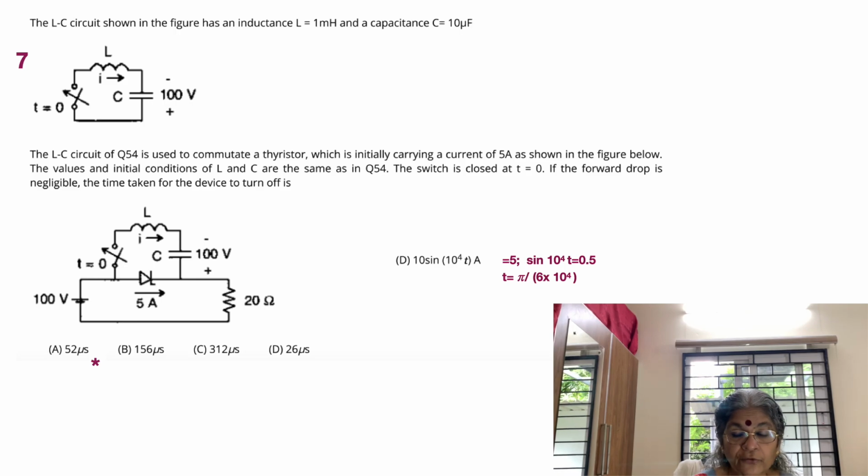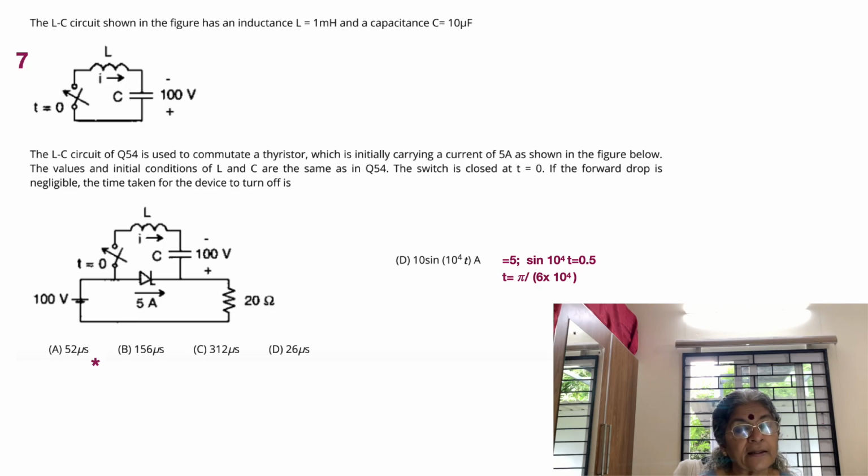So 5 amperes are already given. Of course, 100 by 20 is giving us 5 amps. That's also true. Even if it's not given, you can calculate that the 5 amperes has to be opposed by the current emerging from the capacitor, based on a sinusoid.